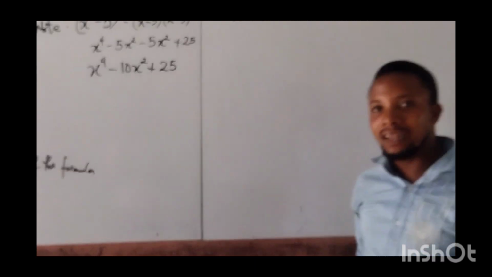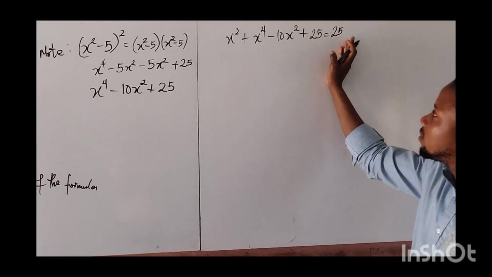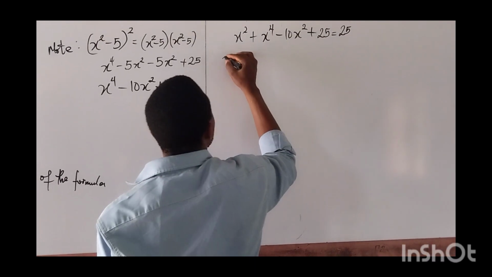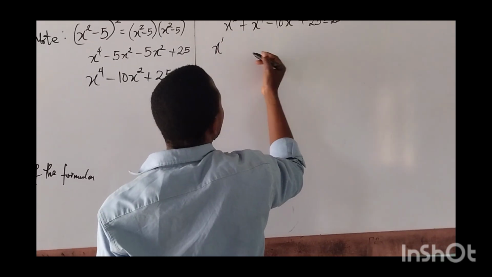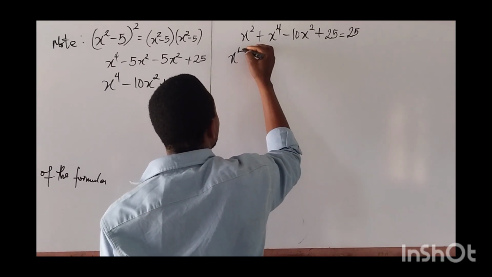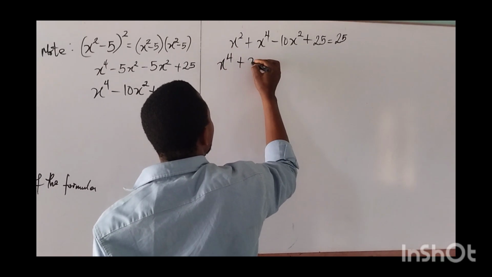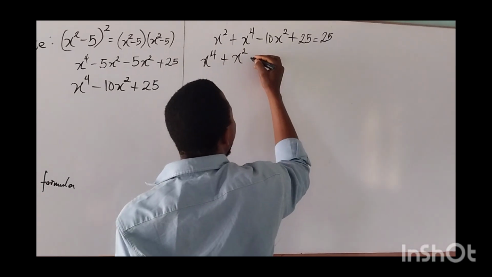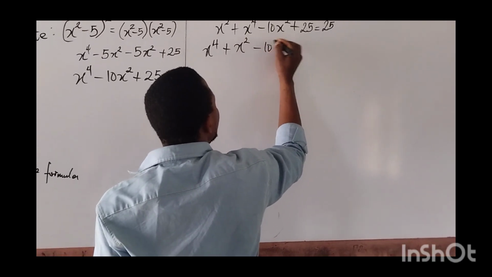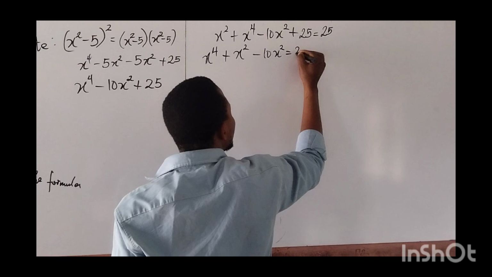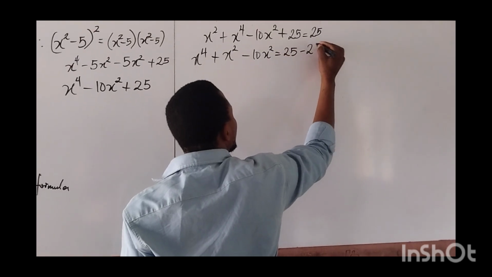So if I collect the like terms, that is if I bring this one to this side, I'm going to have x to the power 4 plus x squared minus 10x squared to be equal to 25 minus 25.